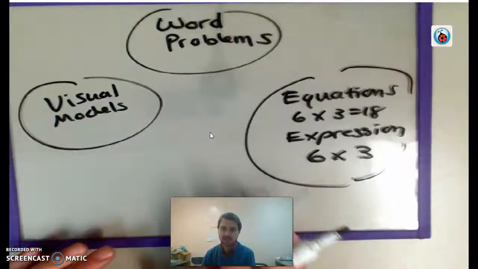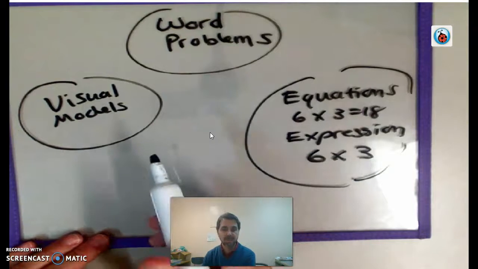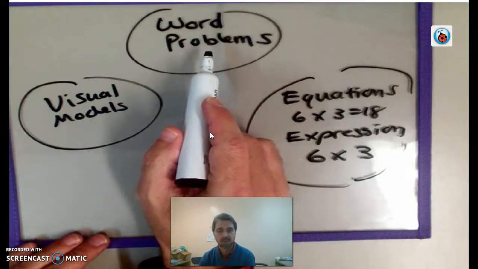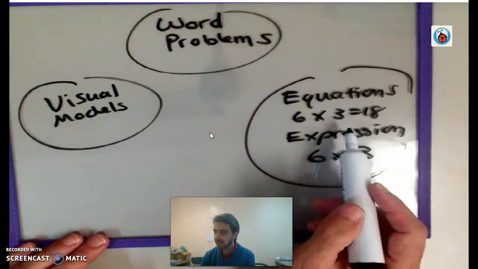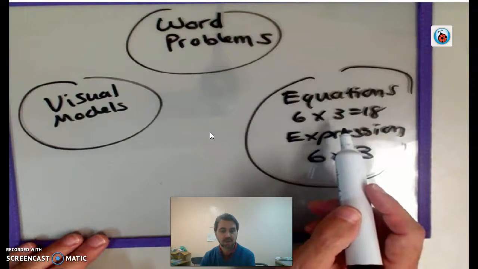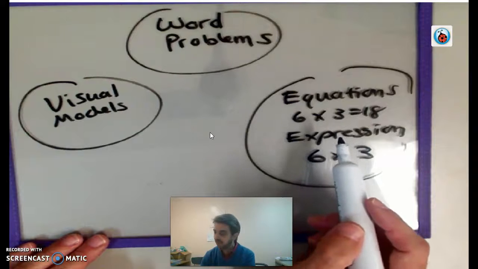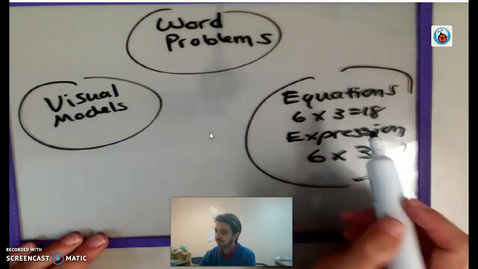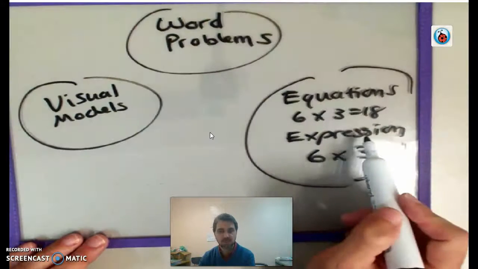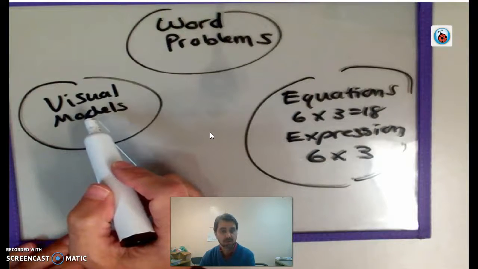To be really good at this, what you want to be able to do is, if you're given a word problem, model it and come up with an equation to solve it. Or if you're given a model, come up with an equation or expression that represents the model.